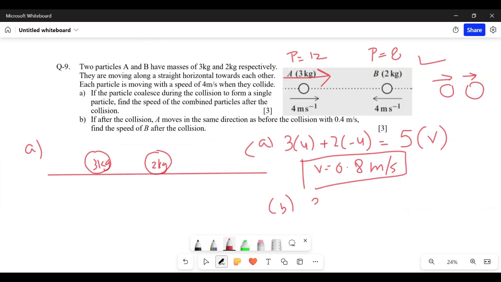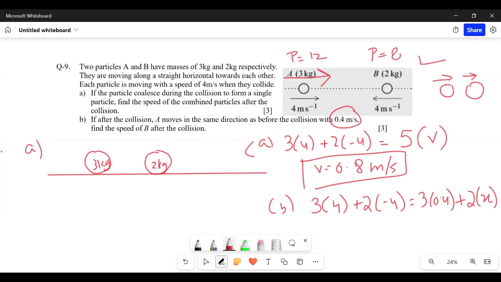So M1 U1 plus M2 U2, which is negative, equals, A moves with this speed, so 3 into 0.4 plus 2 into v.